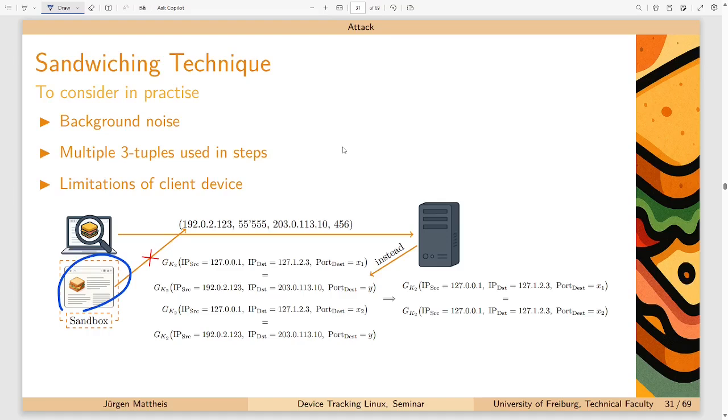Because of this, it has no access to the TCP stack, and for this reason, it has no access to the source ports. So we actually have to use the tracking server to get this connection, because it is able to extract the source ports and also this mapping of free tuple to source port.